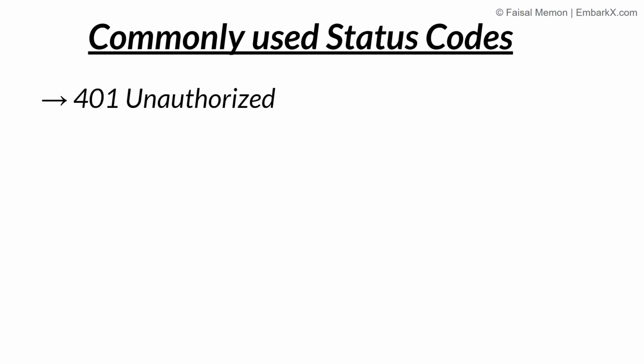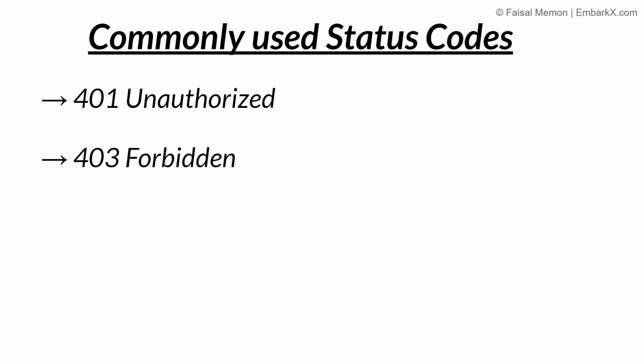If you try to access the API without authentication, that is when you get 401 unauthorized. This tells you to include the authentication information as a client in the request that you are sending to the server. Then you have 403 forbidden.